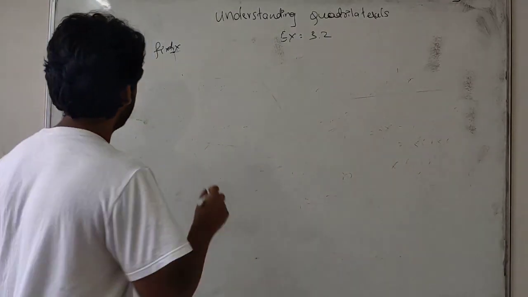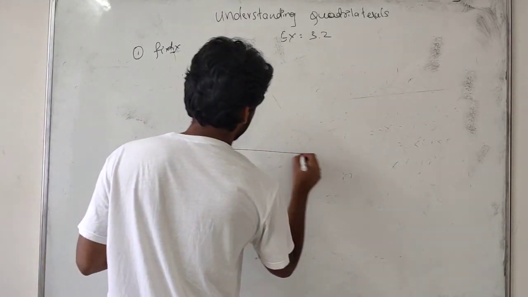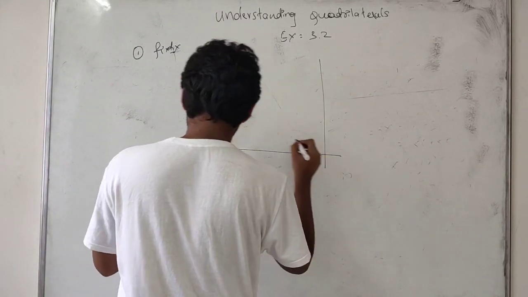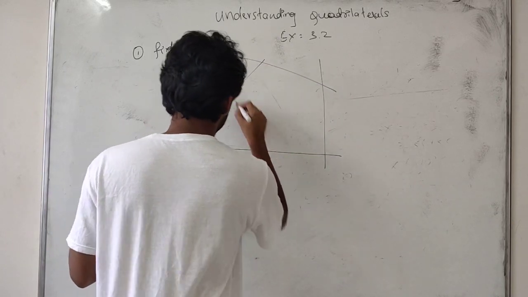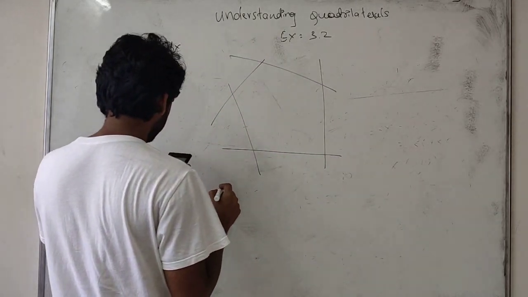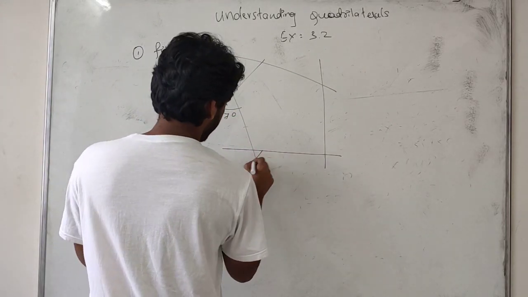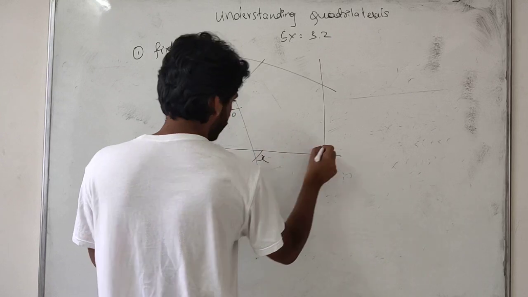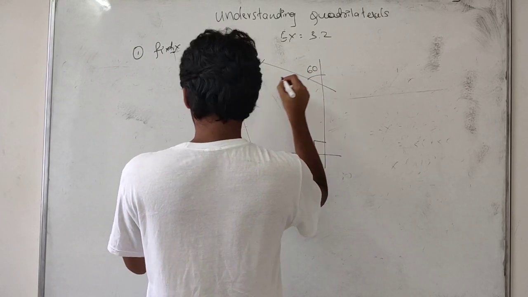Next problem, the second one. Here the angle is x degrees, the line is perpendicular at 90 degrees, and here it is 60.